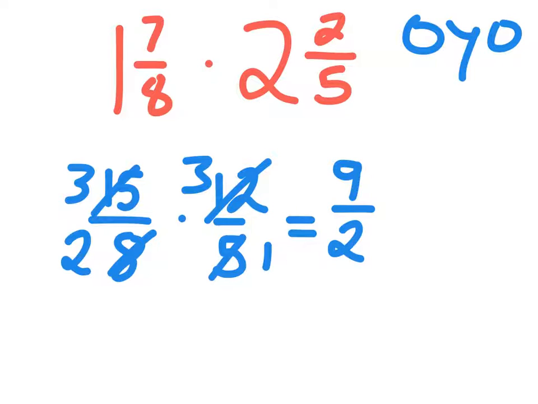Now my last step is to put this back into a mixed number. How many times does 2 go into 9? 4 whole times, which is 8, which means I have 1 left over and I keep my denominator. 4 and 1/2 should be your final answer.